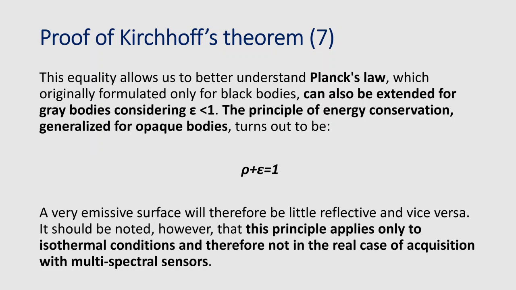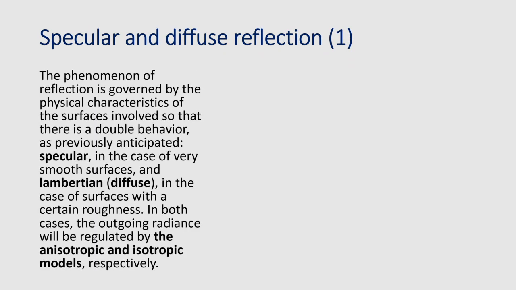So unfortunately, we cannot apply that theoretical condition to real measurements. But it is important to understand that this proof of the Kirchhoff theorem gives us the possibility to substitute alpha with epsilon and vice versa.